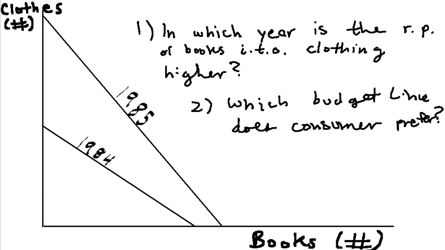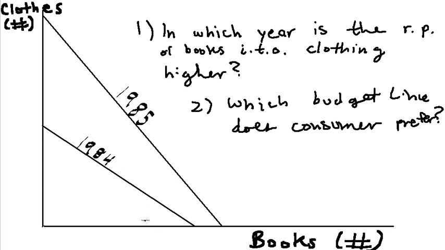Let's start by answering the first question. To answer this question, we need to figure out the relative price in 1984 and the relative price in 1985. Now earlier, we talked about how the slope of a budget line measures the opportunity cost of getting more books in terms of clothes. However, the opportunity cost of getting more books in terms of clothes is exactly the relative price of books in terms of clothes.